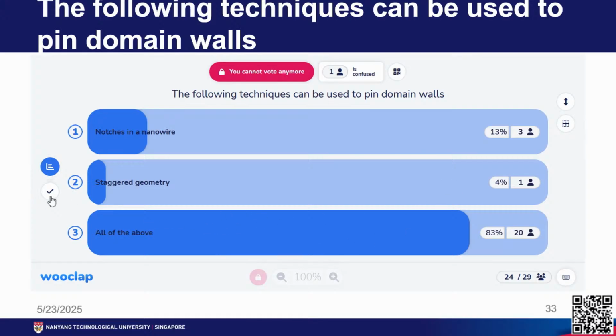Okay, all of the above is the correct answer. We can use notches or we can use staggered geometry.